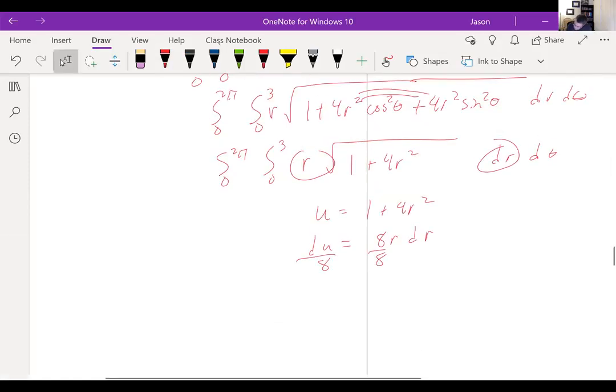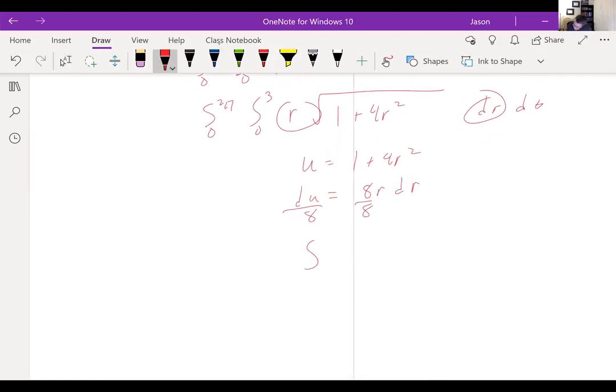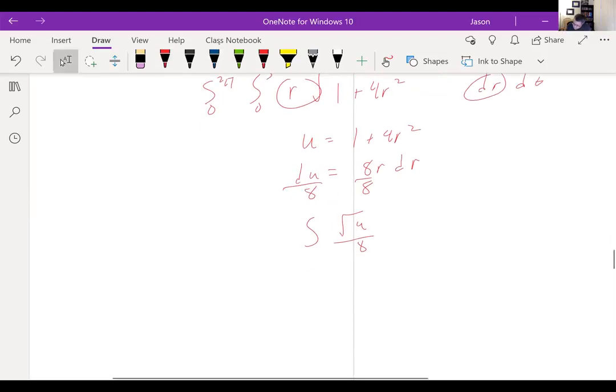Then we integrate the square root of u over 8, so that's u to the 1/2. When I integrate that, I get 2/3 u to the 3/2 over 8.